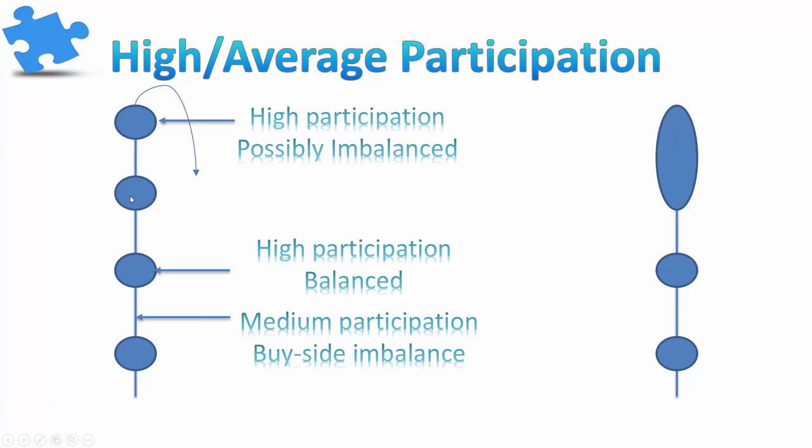Now, a lot of traders have a problem always fading the market. Every time they see a move up, they want to sell it, and every time they see a move down, they want to buy it. And of course, when they see these high participation areas after a move up, the first thing they think is reversal. The thing is, even though you see this, the path of least resistance is still to the upside. It takes a lot to turn a market around.